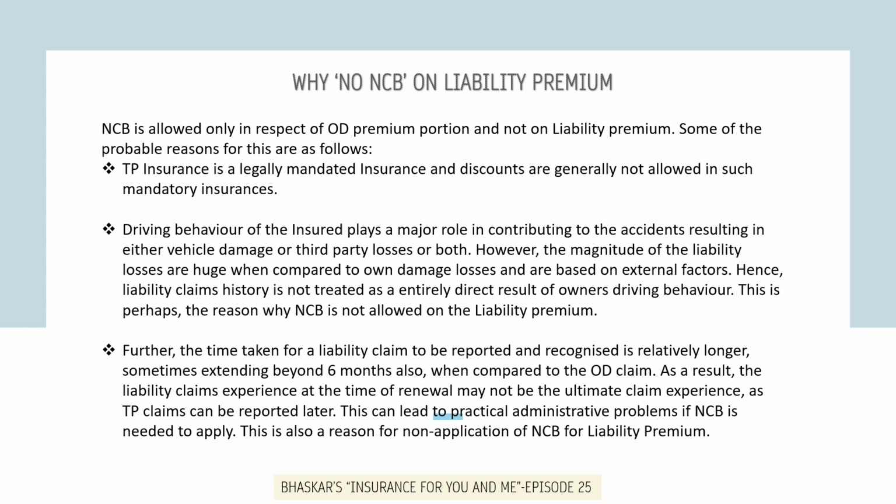However, the magnitude of the liability losses are huge when compared to own damage losses and are based on external factors. Hence, the liability claims history is not treated as an entirely direct result of owner's driving behavior. This is perhaps the reason why NCB is not allowed on the liability premium.